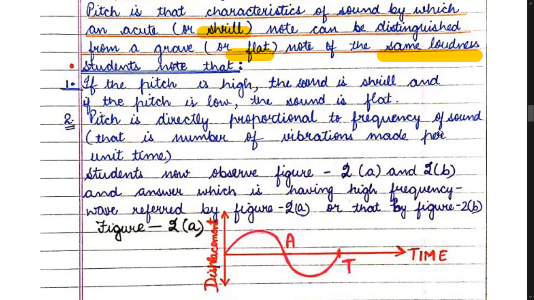If you recite it in the form of music, then your first three notes, sa, re, ga, are flat or grave notes, while the last three notes, dha, ni, sa, are shriller notes. They are also known as sharper notes.